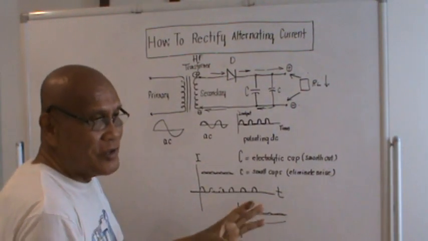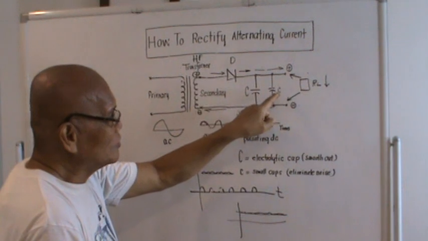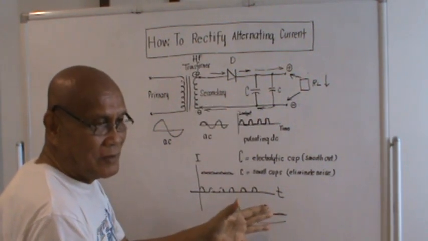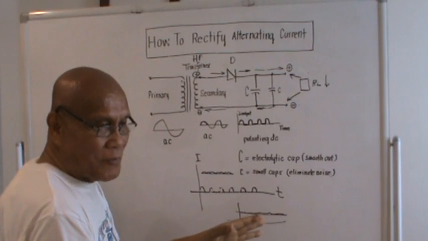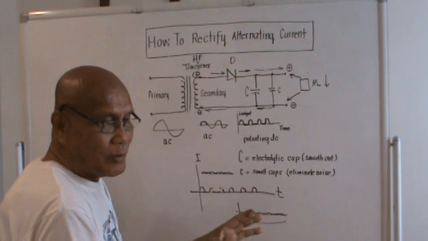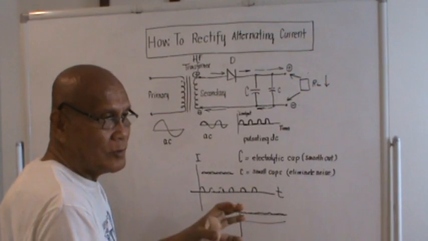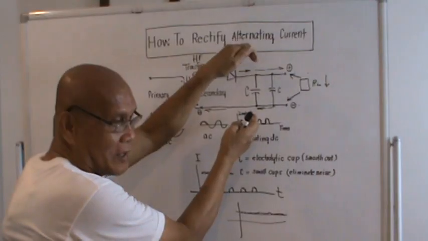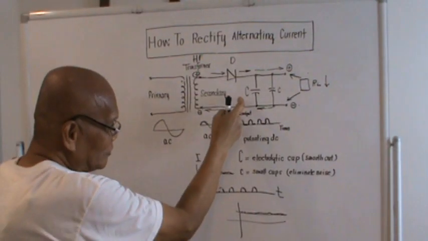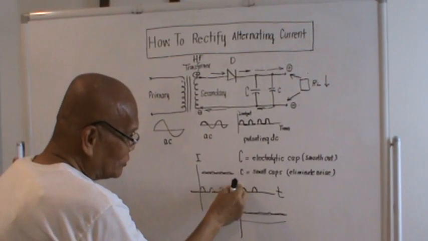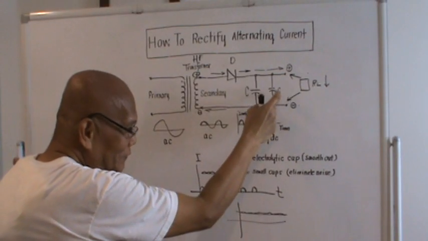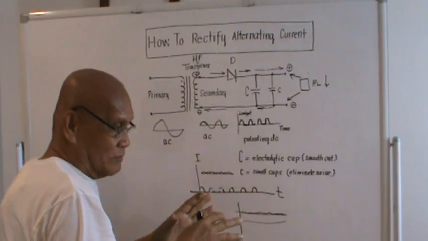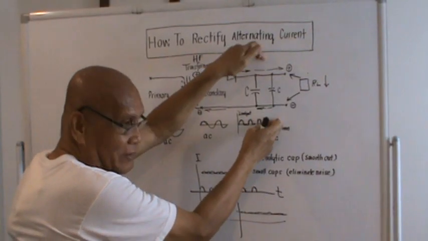Just in case there is noise, this small capacitor is actually in the range of nanofarad or microfarad, or picofarad. Those are actually the capacitors that will try to eliminate the noise coming from the output of the secondary line. So the big capacitor will try to smoothen out the pulsations, and this small capacitor will try to eliminate the noise coming from the secondary line.